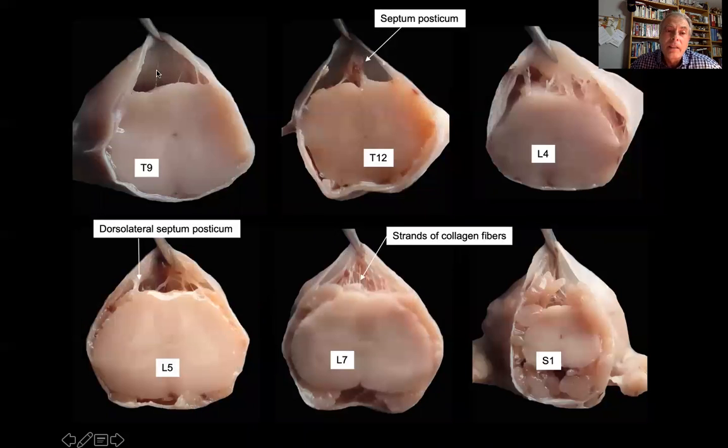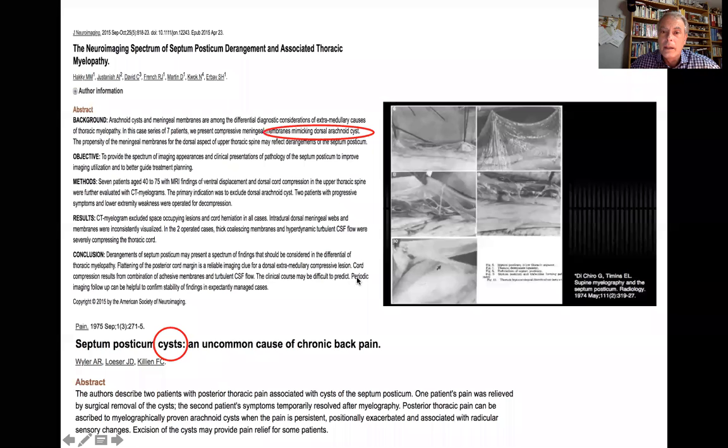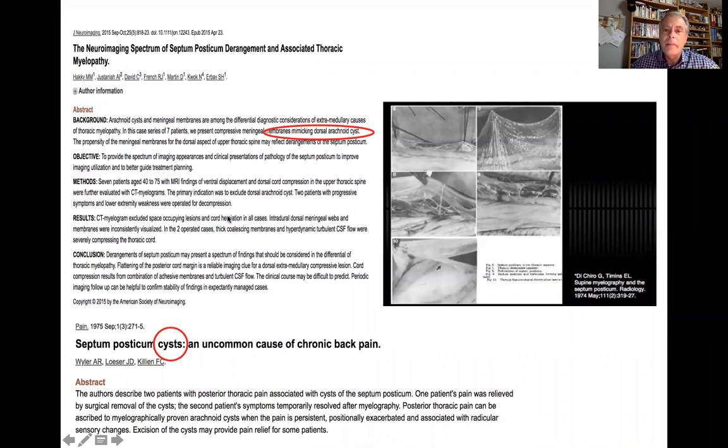In some places they do not exist, and in other ones, as in this one, or in this one and L7, look how dense these strands of collagen fibers are that are known as the septum posticum. And this may be important because, as you read in these papers, they may be the cause of the cyst, okay?